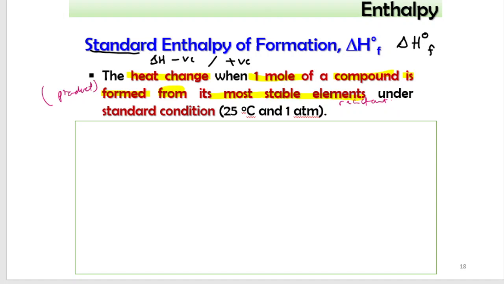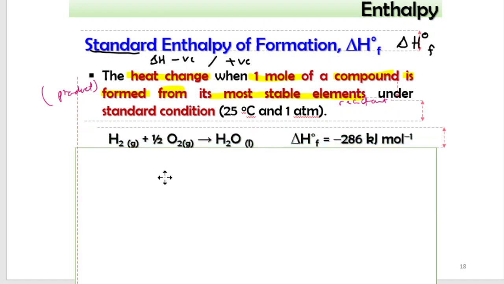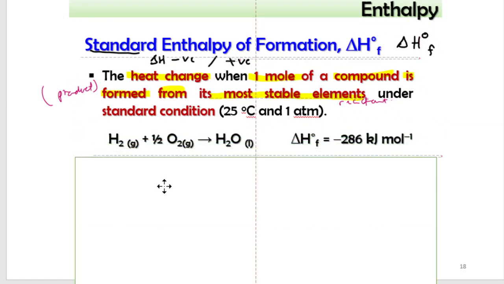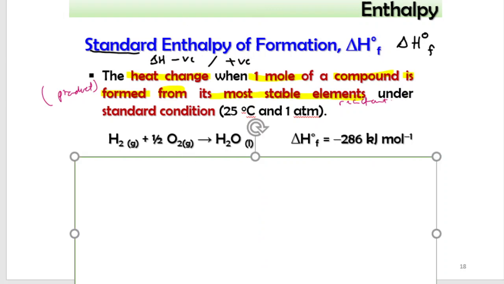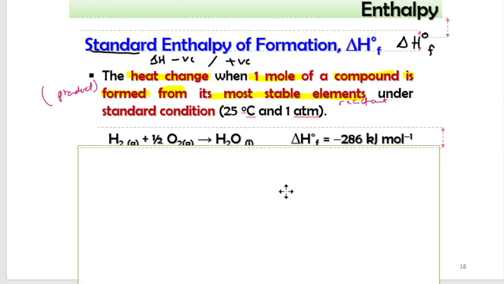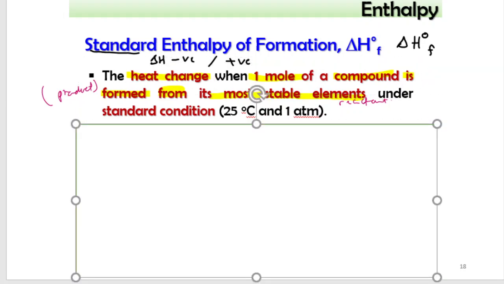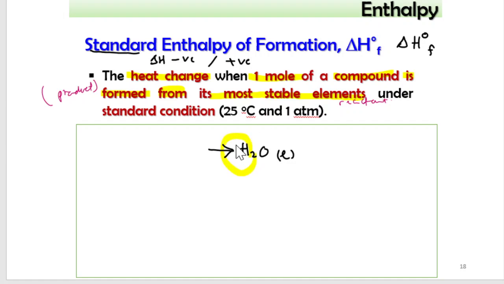Okay, contoh. Formation of water. So kita boleh tengok your water. Okay, so I ajar you cara tulis. When you want to form water, okay, standard enthalpy formation of water, dia mesti dekat sini mesti 1 mole.